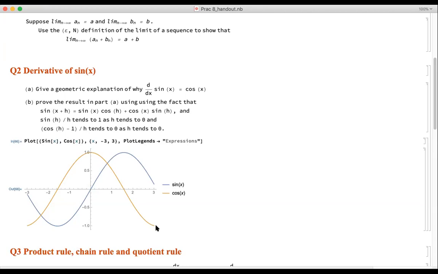Why do you say that? You can use any other geometric method if you like, okay? But that's how I was thinking.